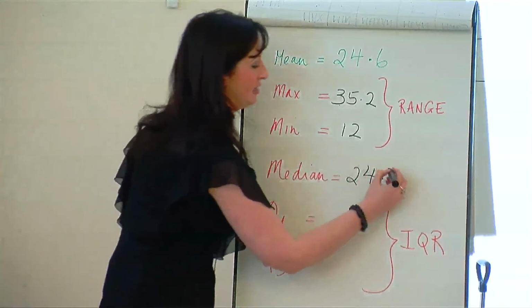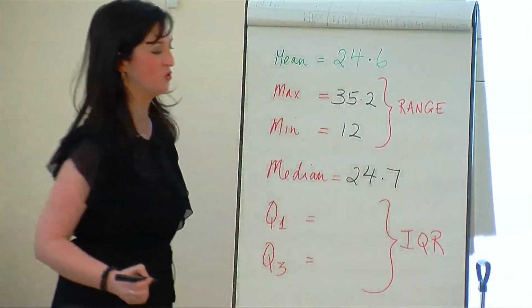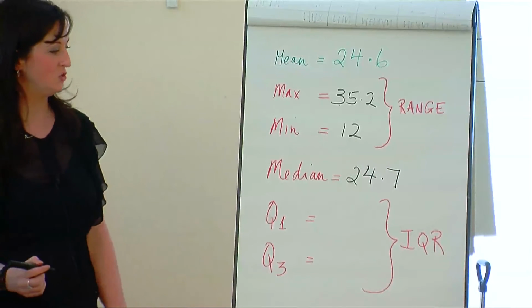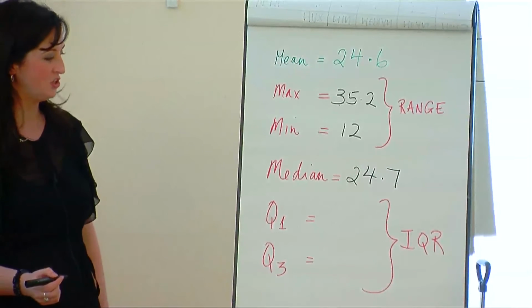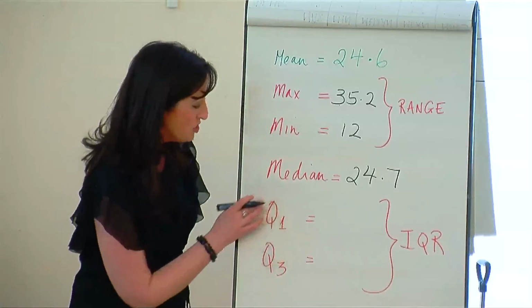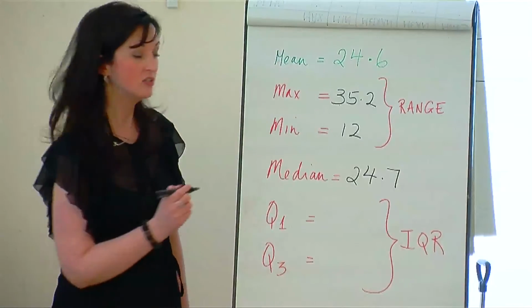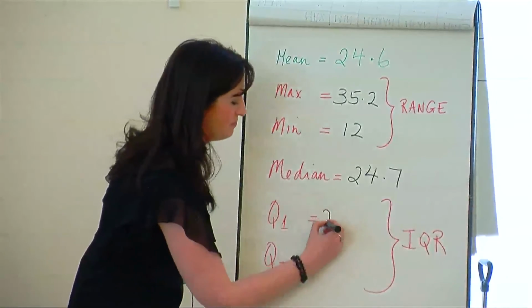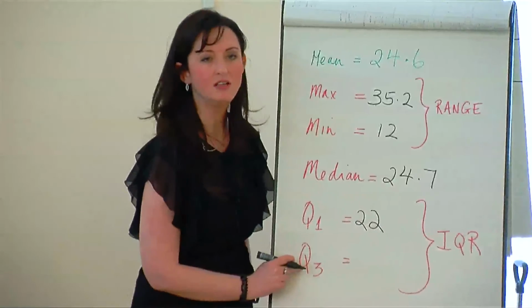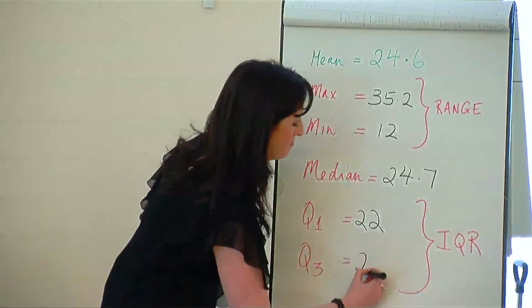So the average of the two in the middle is 24.7 because we had an even amount of data with the 200. So what was your first quartile then? 22. And the third quartile? 27. Okay.